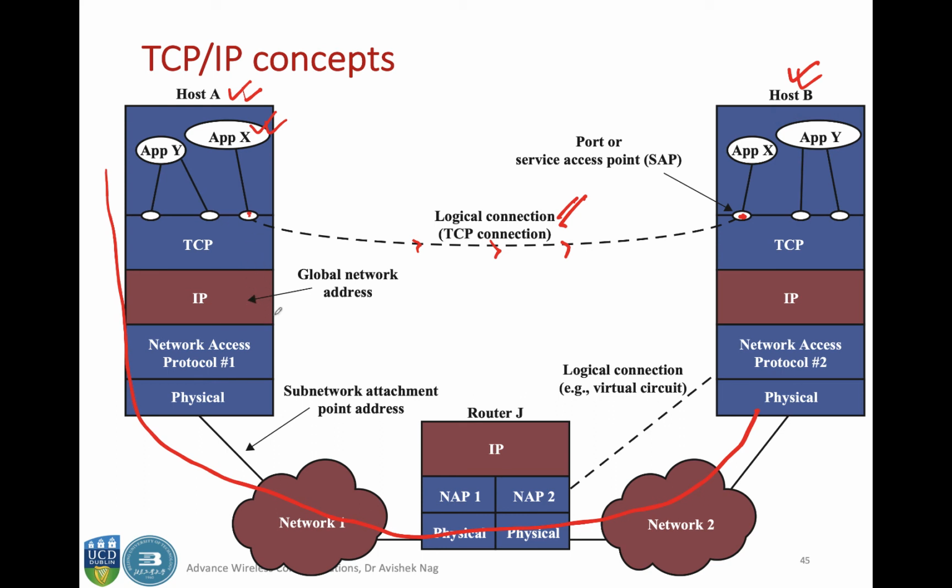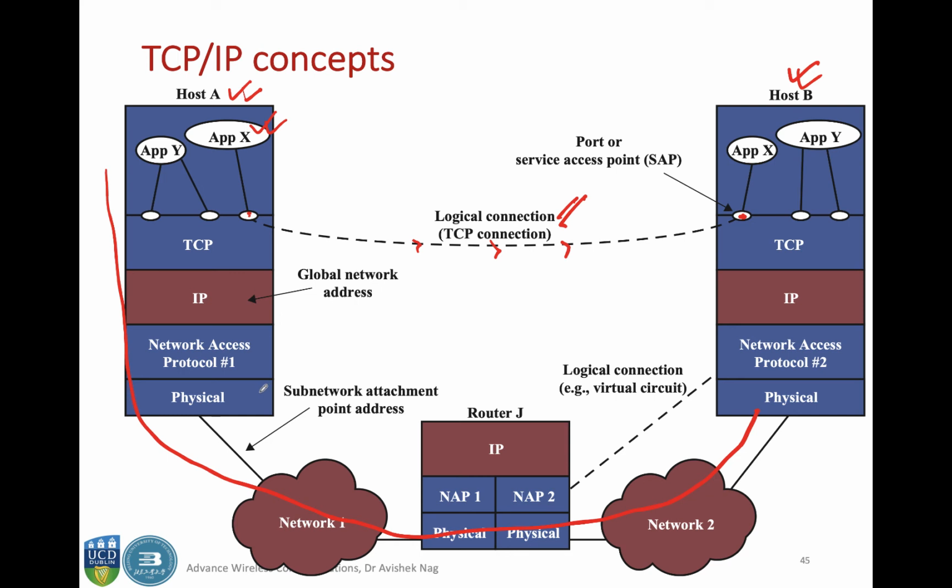Then comes the IP layer, which has IP addresses. All the devices attached to the network have an IP address, and the IP layer takes care of those addresses and finds out where your packet has to be sent.